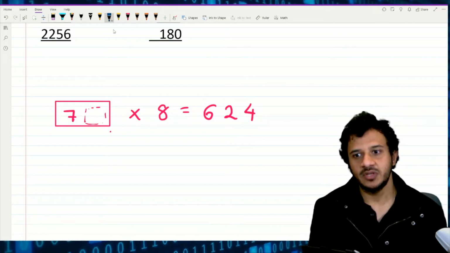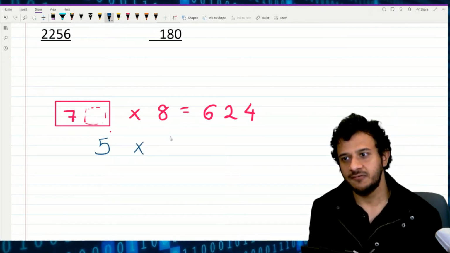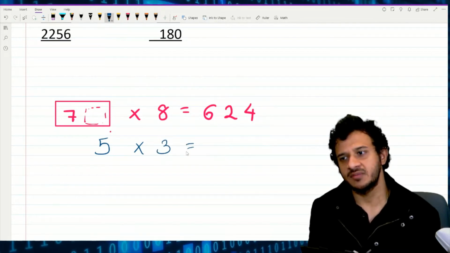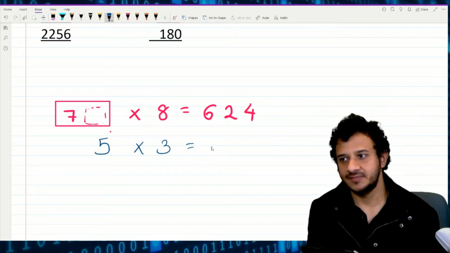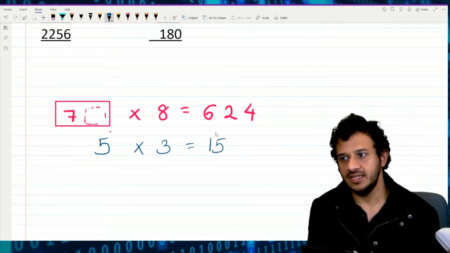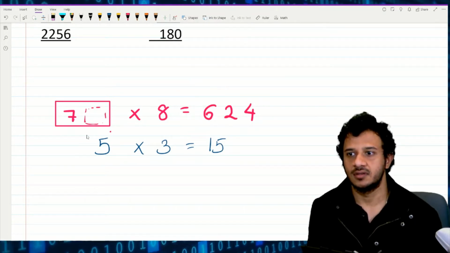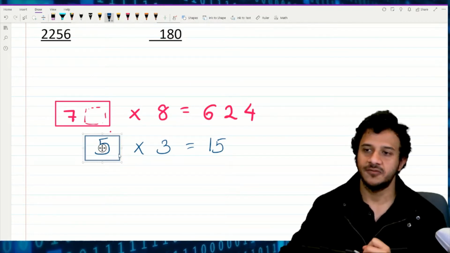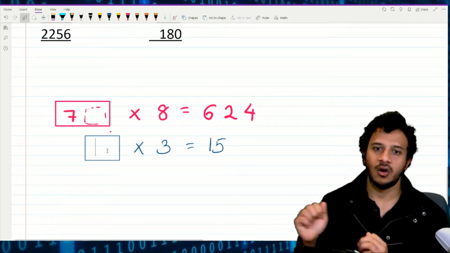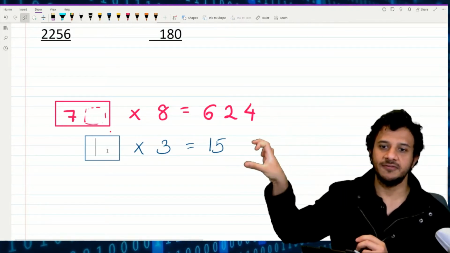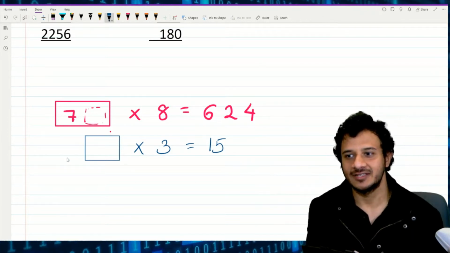I'm a person who likes 5 and 3. Let's think about it like 5 times 3. How much is 5 times 3? 5 times 3 is 15, right? Let's say that this 5 was not given. How should I use this 15 and 3 to find the value of this?